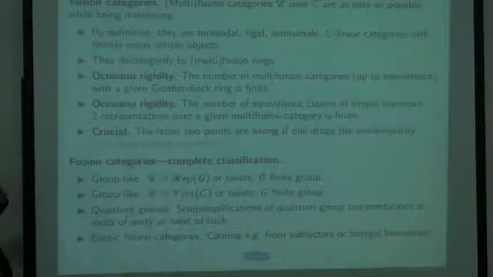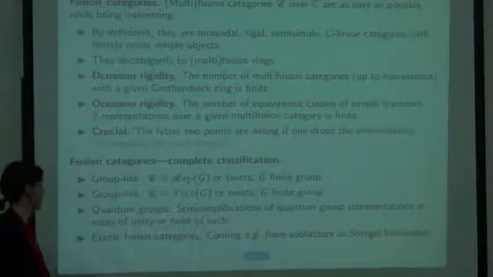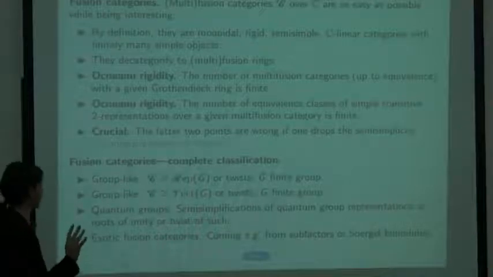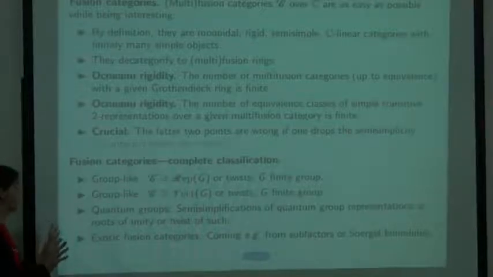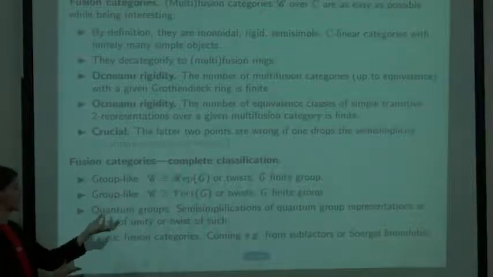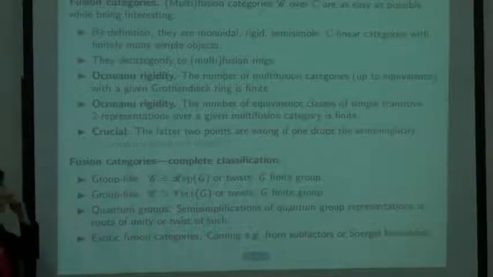And they have two very, very nice properties, which in this game is usually called Ocneanu rigidity, which is very, very strange from the viewpoint of categorification where I come from. It really says there's only a finite number of ways to categorify a given interesting object, right?